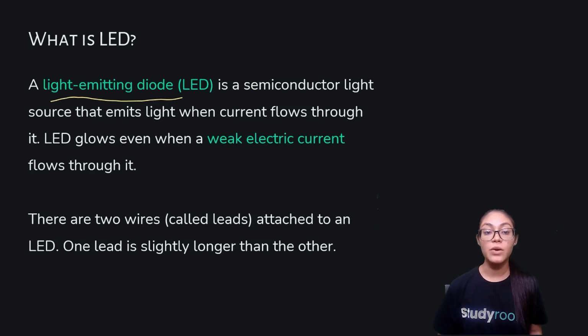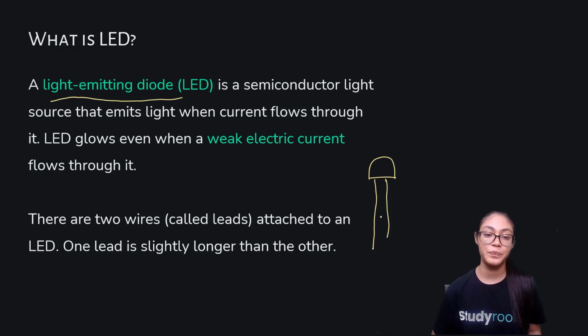The main advantage of an LED is that it glows even when a weak electric current flows through it. Now there are two wires attached to an LED. One lead is slightly longer than the other. Suppose this is the LED, then one end will be slightly longer than the other one.